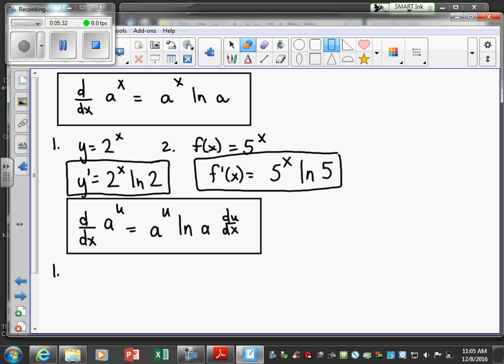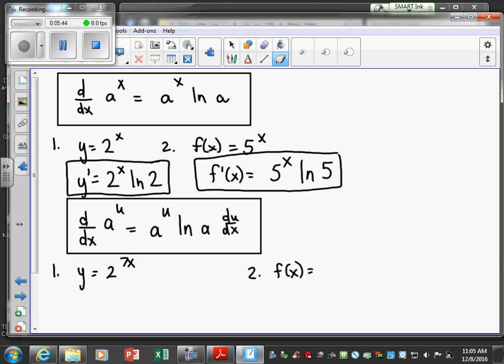So for example, if I have y equals 2 to the 7x, or f of x is equal to, let's just do positive 3, 3 to the negative x. Let's look at these two cases.